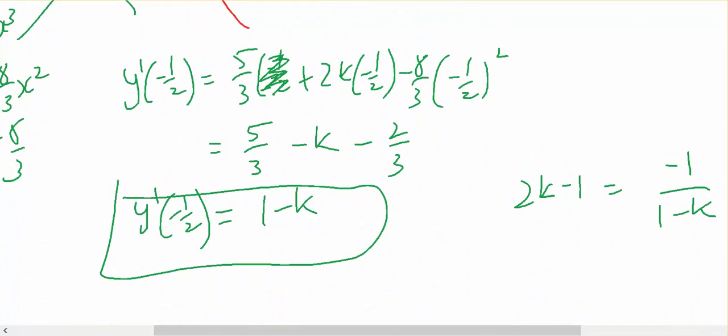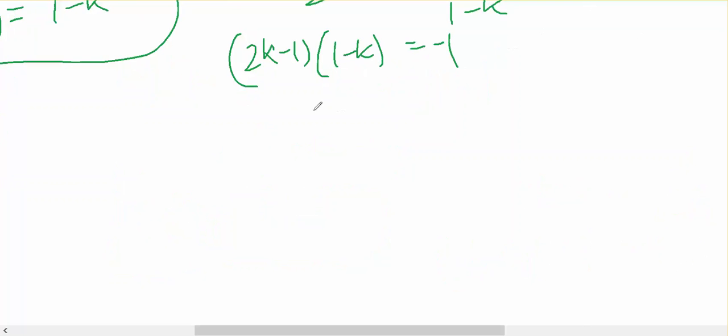Okie doke. So if I move this over, I'm going to have 2k minus 1 times 1 minus k equals -1. 2k minus 2k squared minus 1 plus k equals -1.